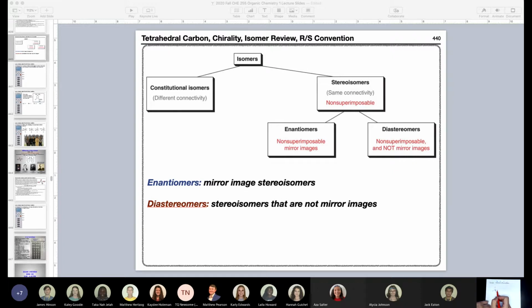So if you've drawn the substituents exactly how they're shown here, maybe type yes in the chat box. So Carly's saying she's drawn it the same.